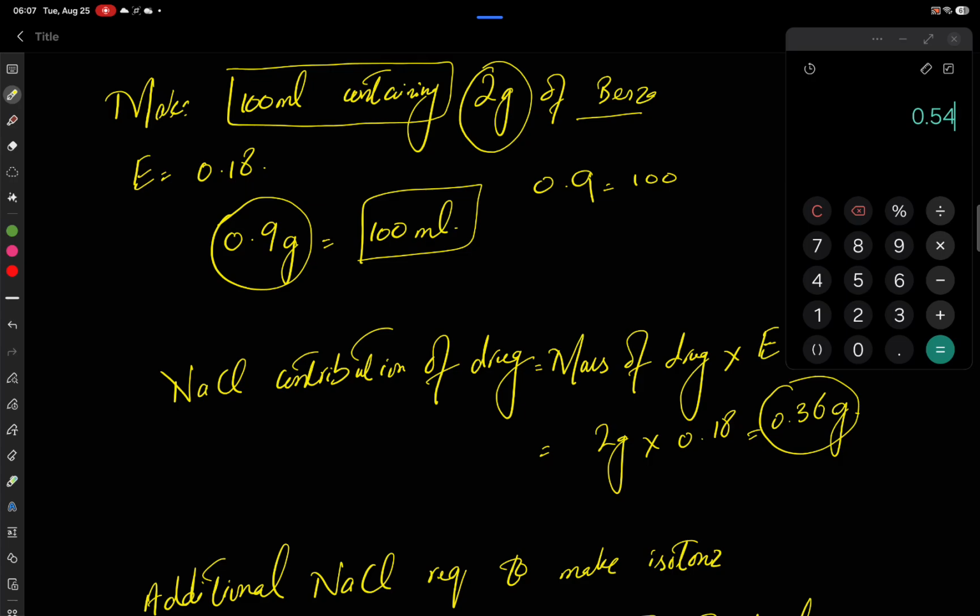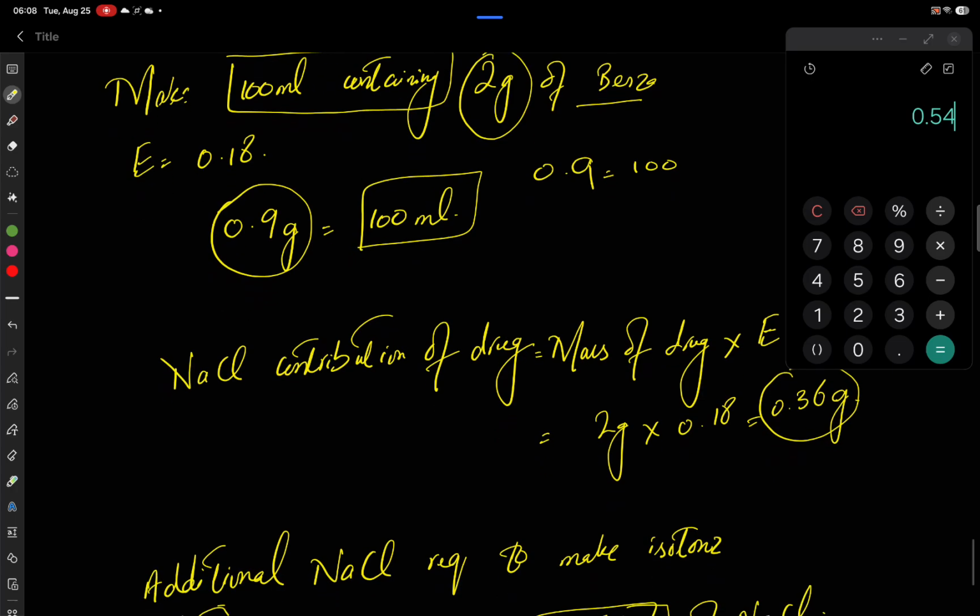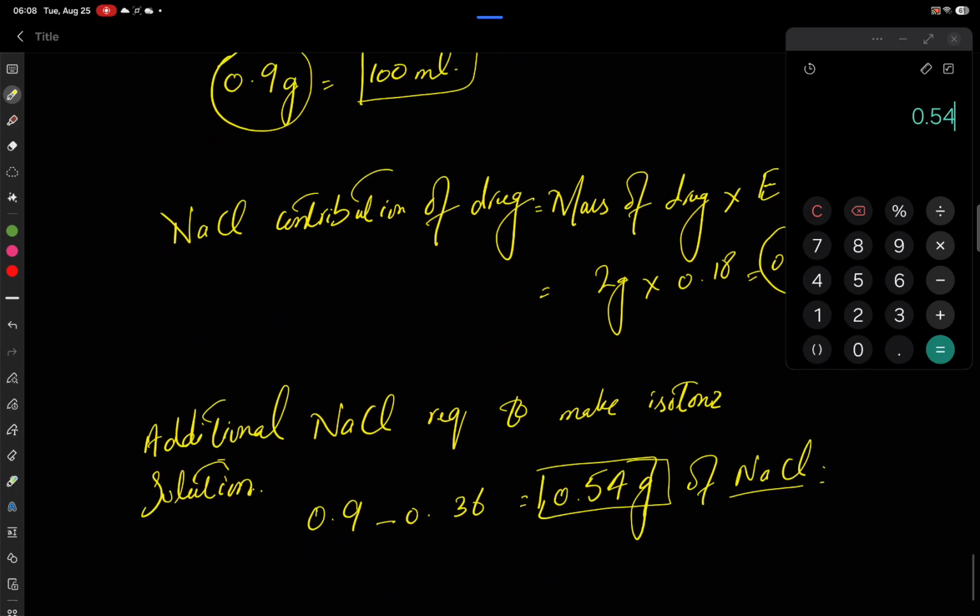You have to understand FD 1% and then the sodium chloride equivalence value. So we calculate the NaCl contribution with the formula: mass of drug multiplied by equivalence value, that was 0.18. So in this case it is 0.36.